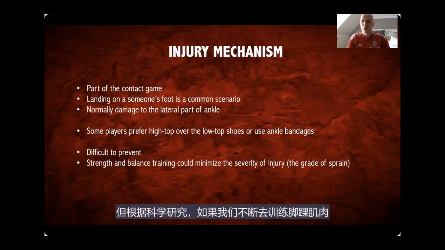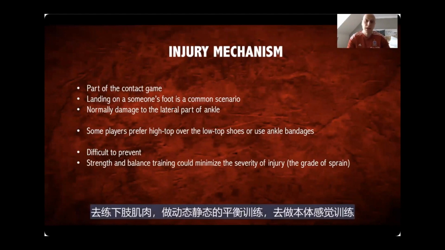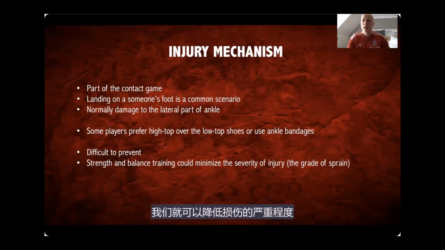But we know from scientific research that if we are constantly working on ankle muscles and muscles of the lower leg strength, and we work on single leg balance, both in static and dynamic environments, and a lot of proprioception work, we can decrease the severity of the injury.